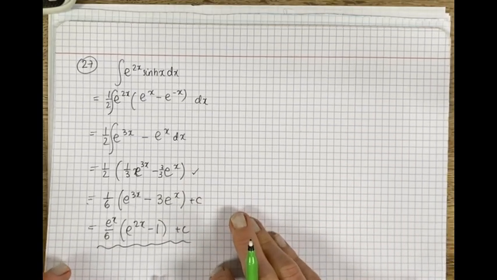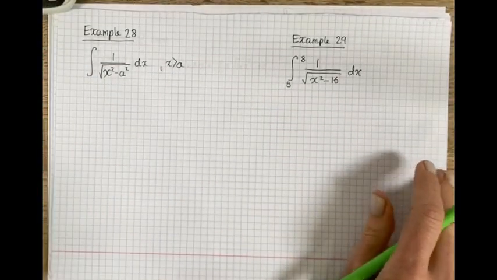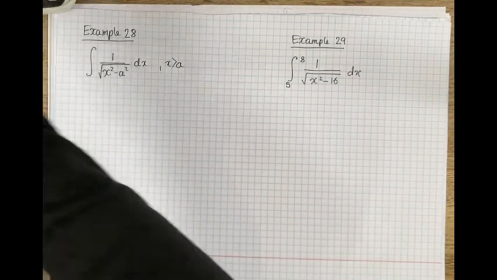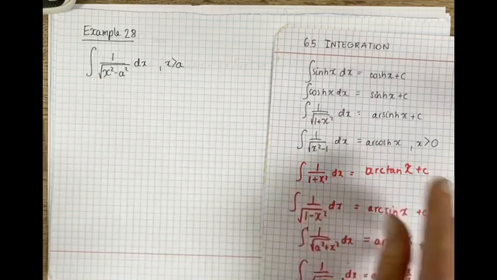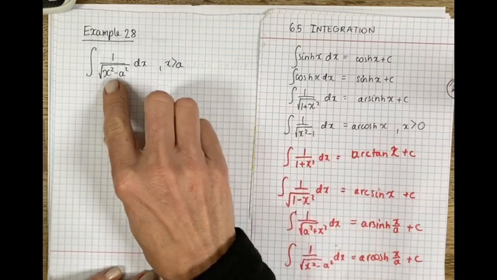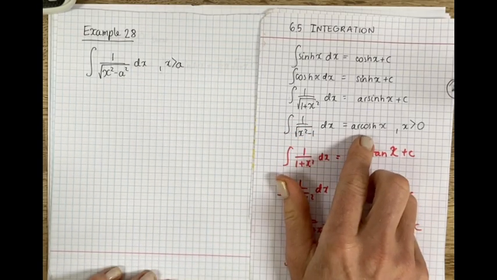Okay, so example 28. So here it's a bit of a weird question. It says use appropriate substitution, find the answer to this integral. So over here you could see that x squared minus 1, so if a was 1, it would go to r cosh.